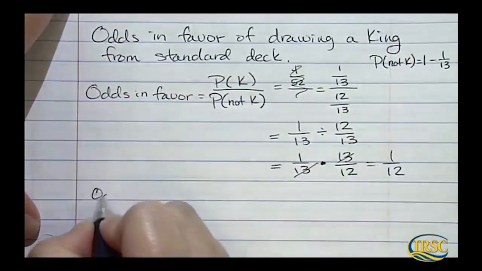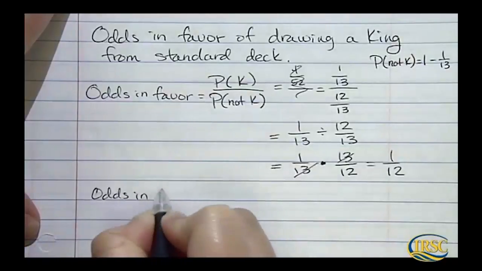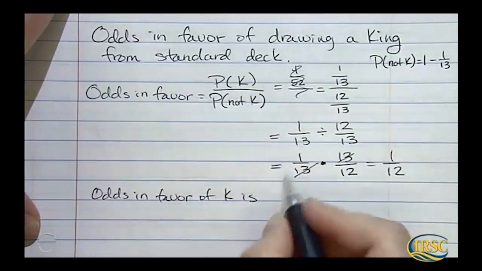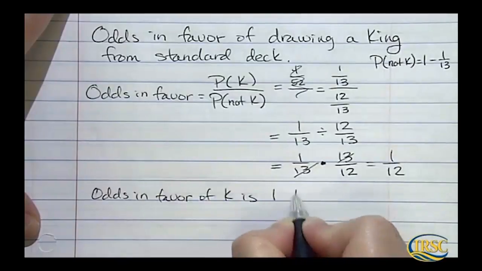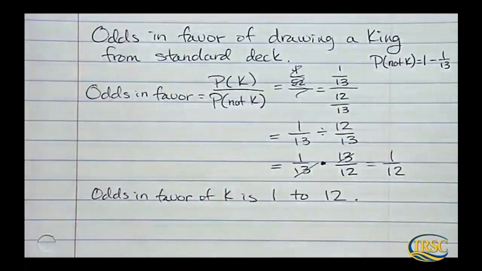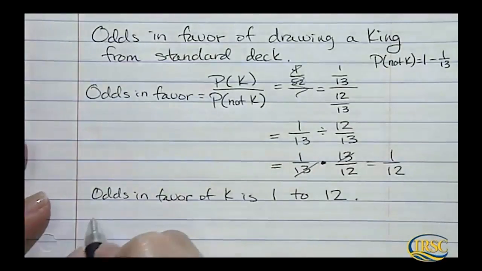So the odds in favor of a king is what? 1 to 12. Good. For every king that you can pick, there are 12 other cards that are not kings. That's really what odds are telling you. So what are the odds against?